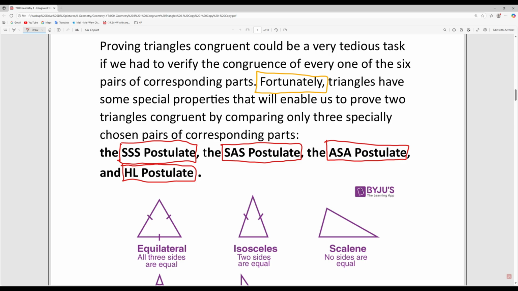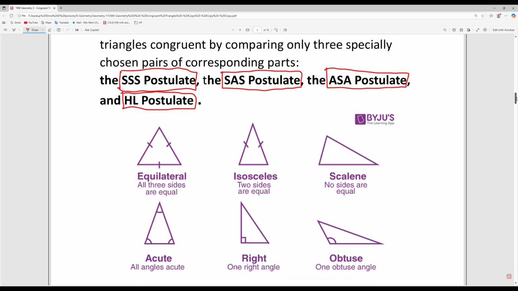Okay? Now, before I talk about that, let me show you. We have several types of triangles here. Excuse me. Okay. So let me quickly go through the names of different types of triangles.